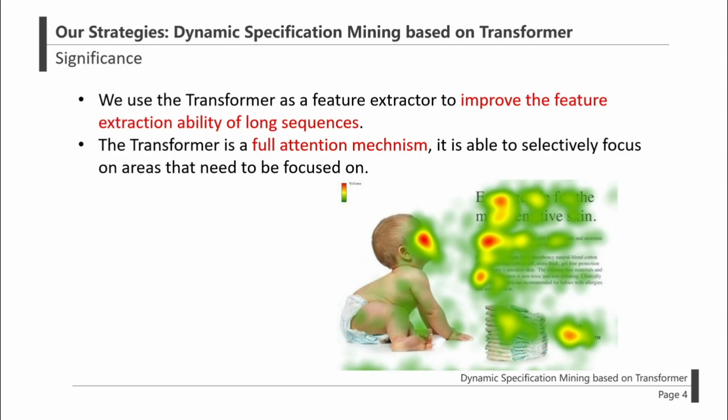It is able to selectively focus on areas that need to be focused on. By quickly scanning global information, we get the target areas. Then more attention is invested in these areas to get more detailed information about the targets and to suppress other useless information.